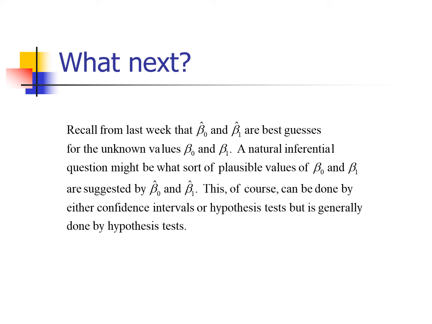We know from our review exercises that questions of statistical inference can be answered in one of two ways. They could be answered with confidence intervals, or alternatively, they could be answered with hypothesis tests.